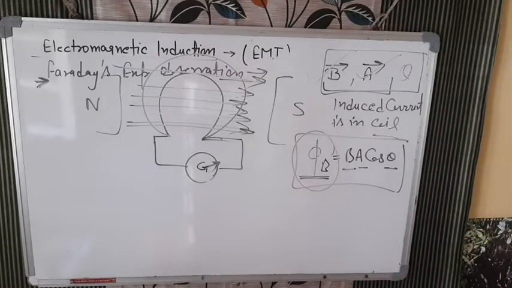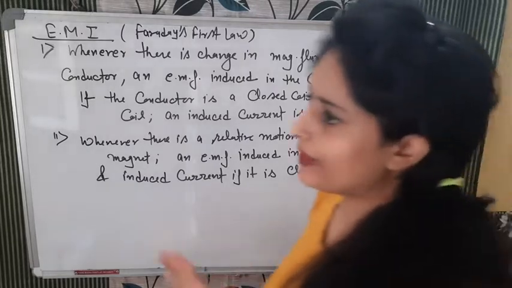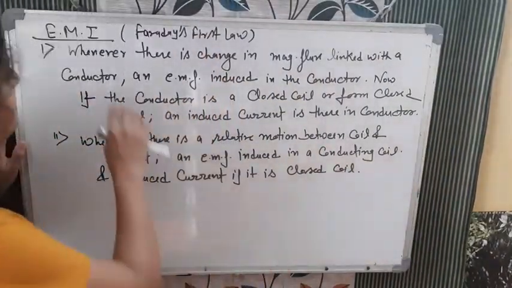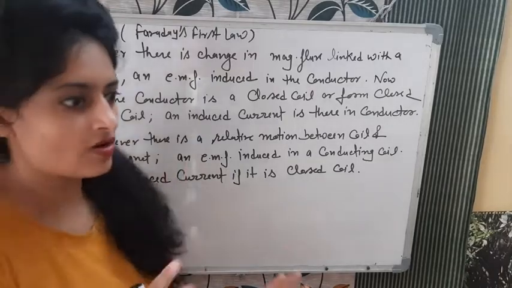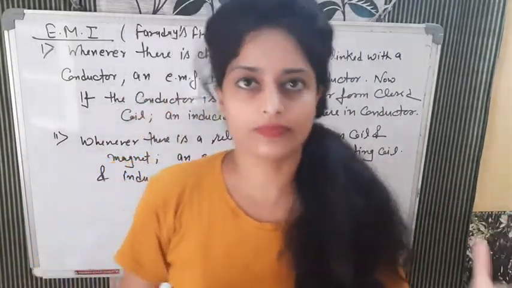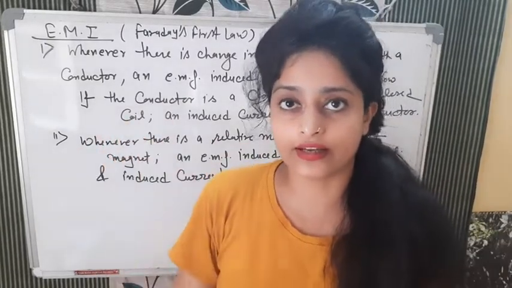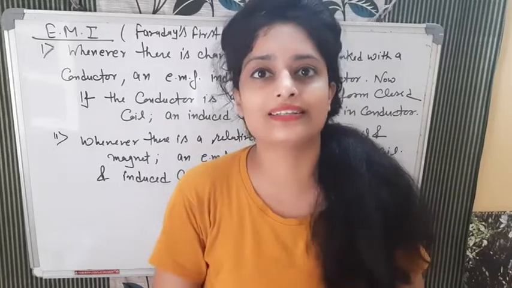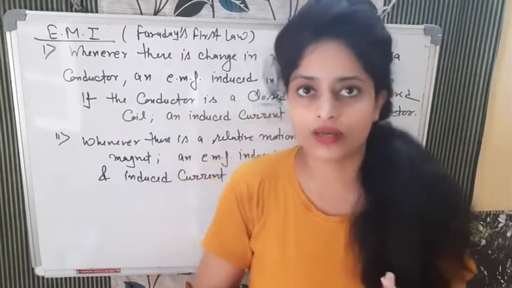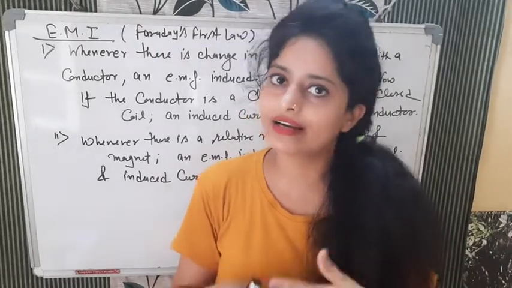Just see. Now, electromagnetic induction, first law. What is this? Faraday's first law. Just now I told you about the experiment he did; he observed that current is induced in any coil there, and the coil should be closed. Remember this: we already completed in the electricity chapter that if the circuit is not complete, then current will not flow, current cannot be produced there.